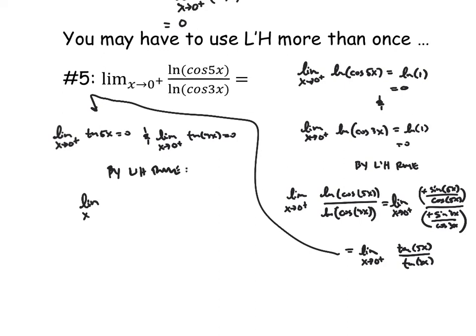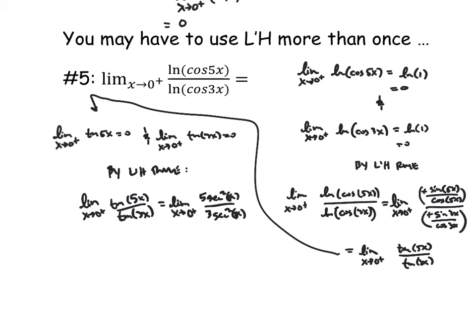The limit as x approaches 0 from the right of tangent of 5x over tangent of 3x will equal the limit as x approaches 0 from the right. The derivative of tangent is secant squared. And then the derivative of 5x is 5. So 5 secant squared x over 3 secant squared x. Excuse me, that should be secant squared 5x and secant squared 3x.